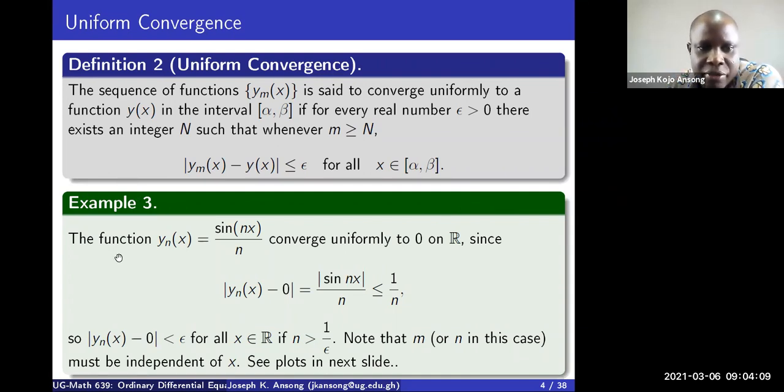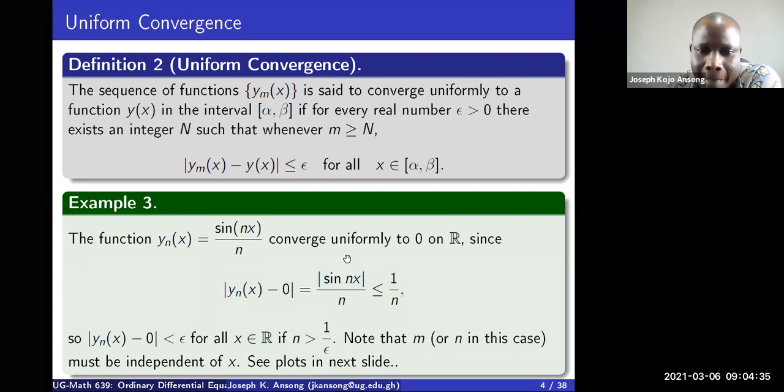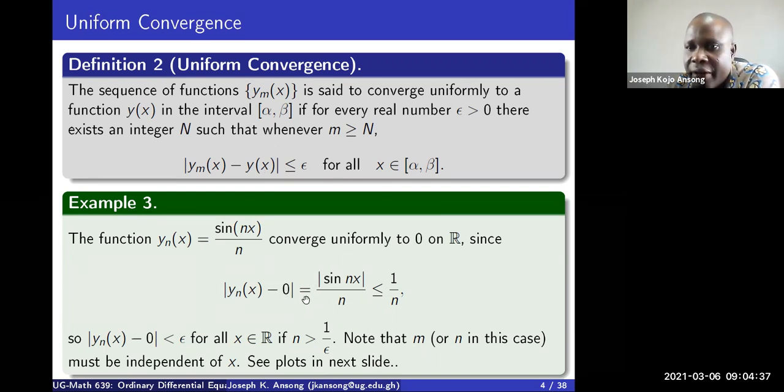Okay, so here's an example. The sequence of functions sine n of x over n converges to 0 on R. To show that, we basically need to show something like this: y_n of x minus 0, because we are saying that it's converging to 0. This is equal to the absolute value of sine n of x over n, but we know that the absolute value of sine or cosine is less than or equal to 1. Therefore, this is less than or equal to 1 over n.